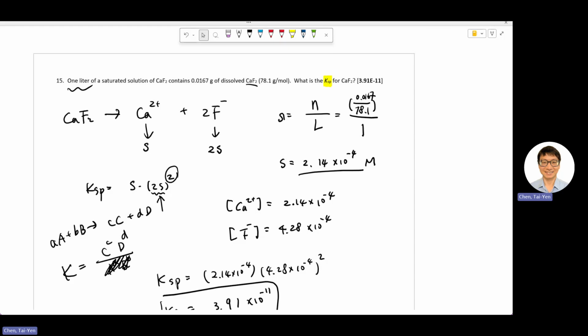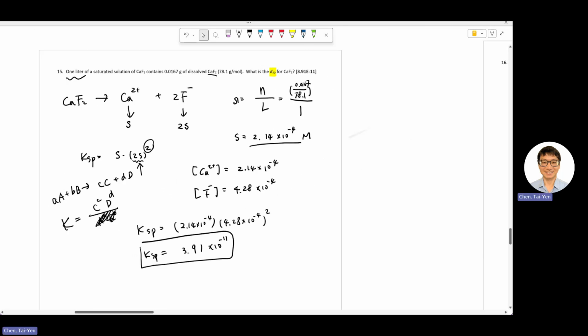But when we talk about solubility, it is the solubility of what? Your salt. So if you dissolve that much, then how much is going to be produced for your F−? It will be 2 times that. That's why I have 2S within the parentheses. Is that clear? Cool. Any other questions?